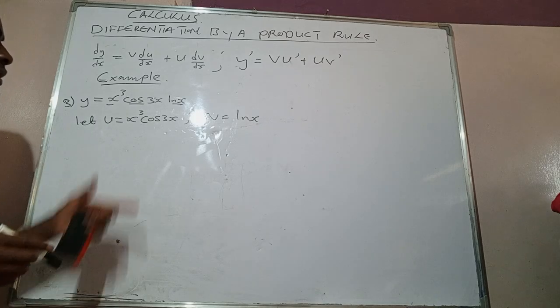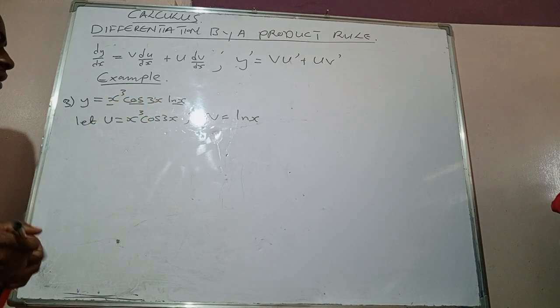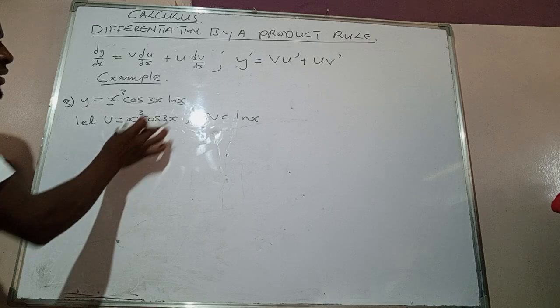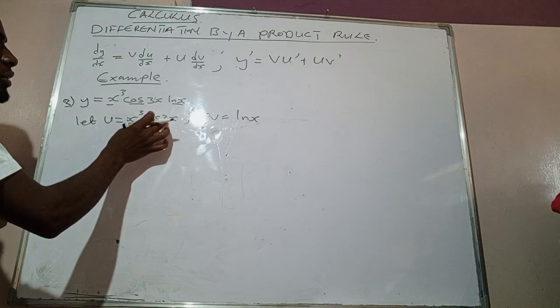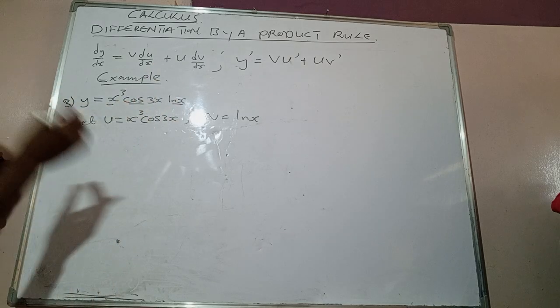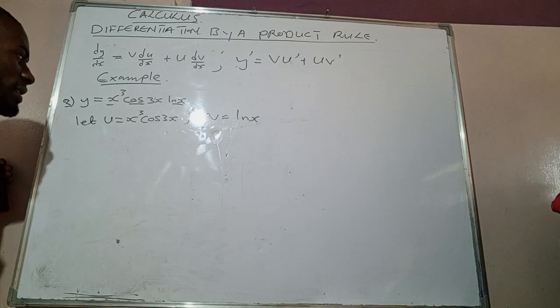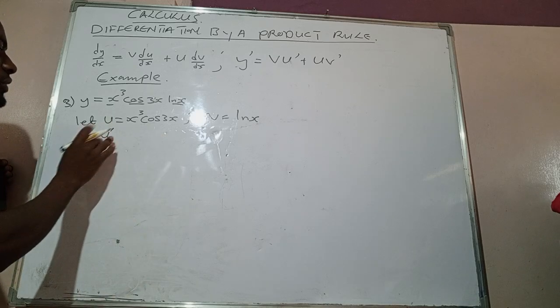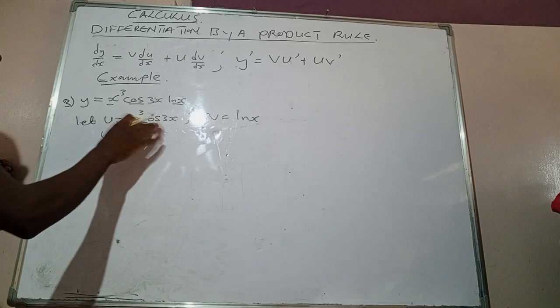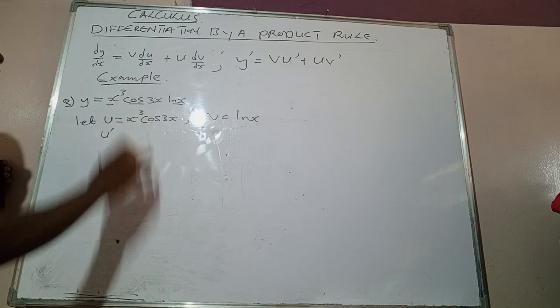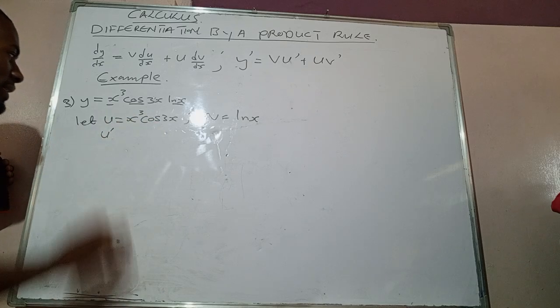So before we even solve the whole question, the first thing that we need to do is to differentiate this one using the same product rule so that we have one term. In short, we need to find the u prime. But how do we find the u prime when you have two products there?